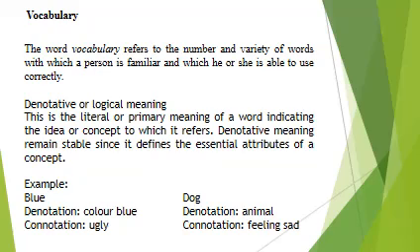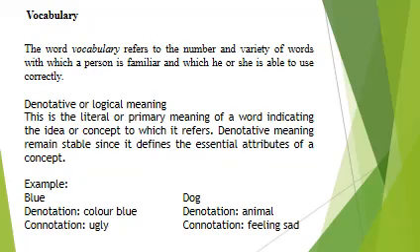That is to say, the primary meaning or the dictionary meaning of any given word is the denotative meaning of that particular word. And denotative meaning remains stable since it defines the essential attributes of a concept.